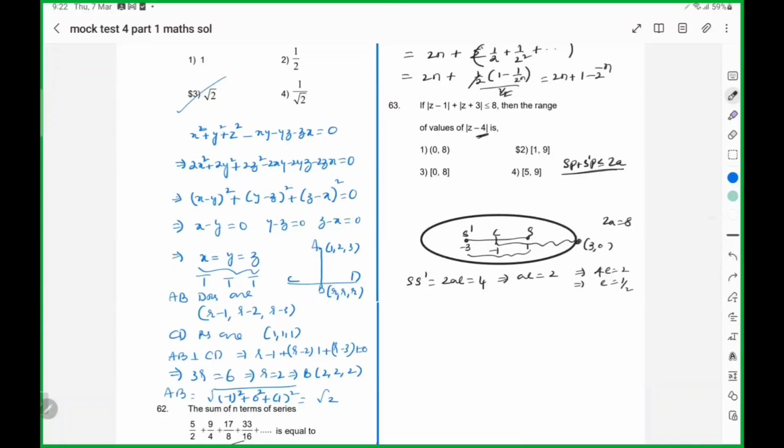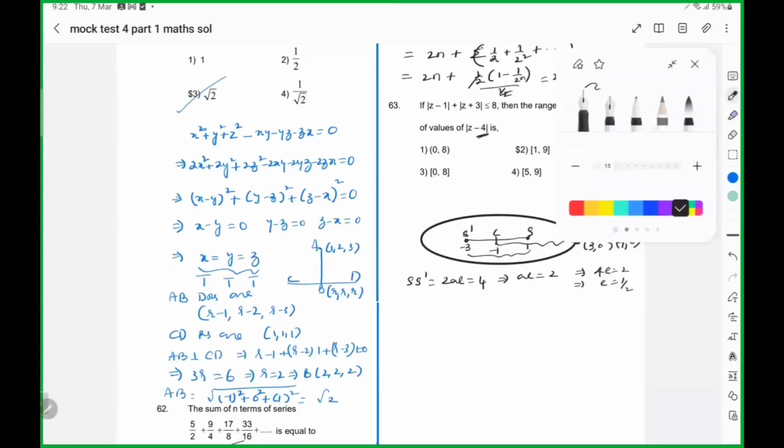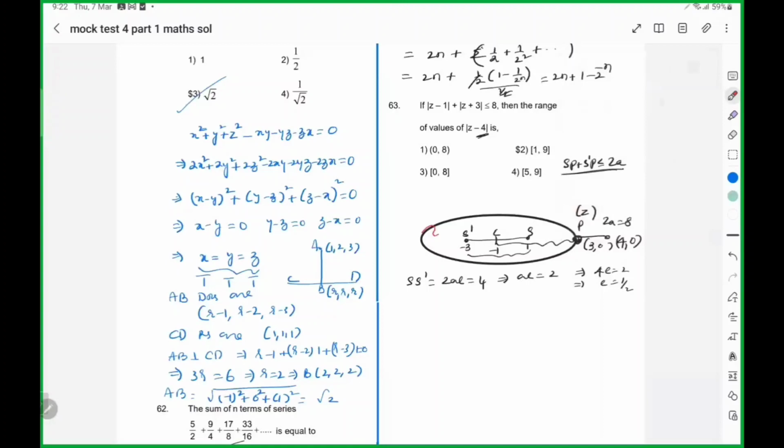Here he has given 4. The 4 will be somewhere here. So if you take z here, then this will be the nearest distance. If you take z here, then this will be the farthest distance from P. I will write this as A. PA is the shortest distance.